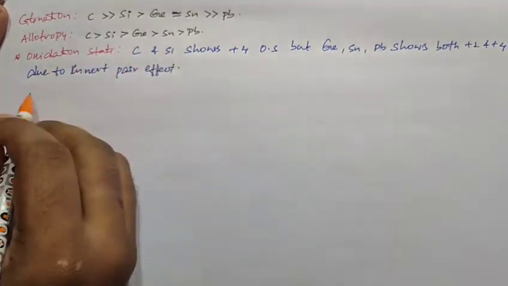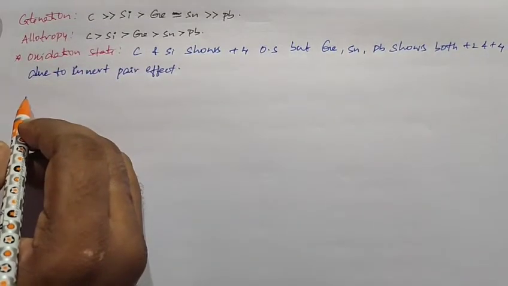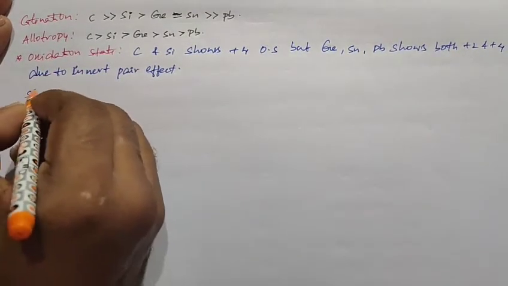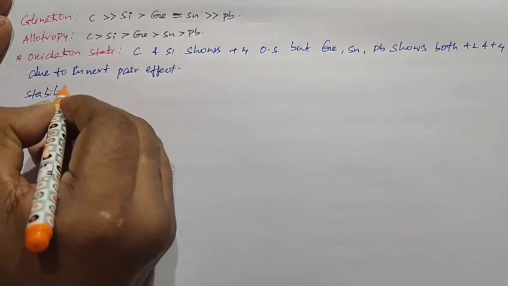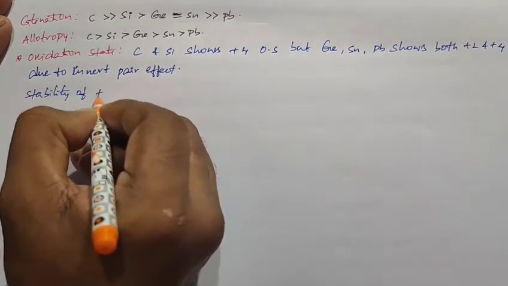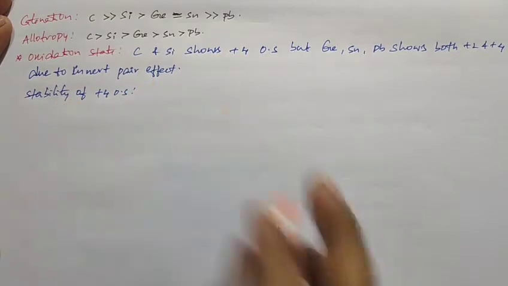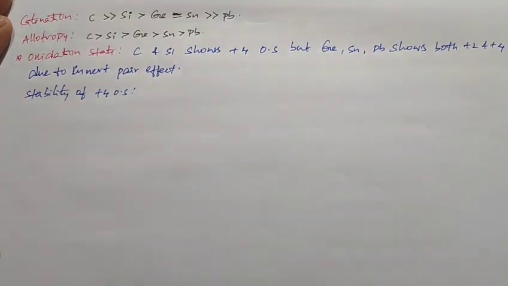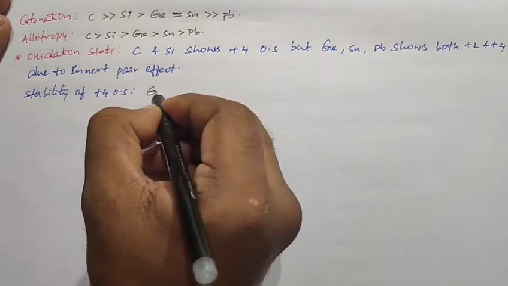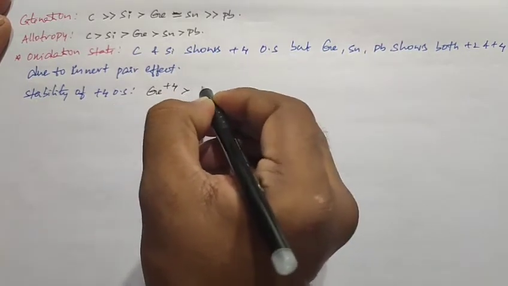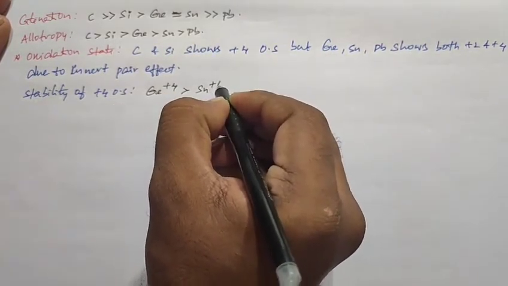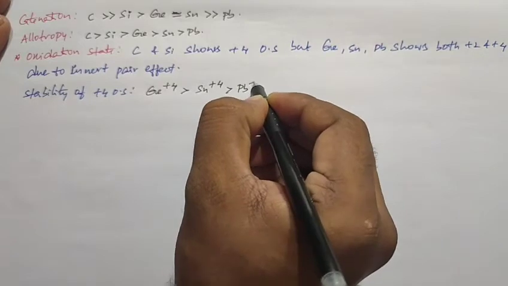If you observe the stability of the +4 oxidation state, it decreases down the group. Germanium has the maximum, then tin, then lead.